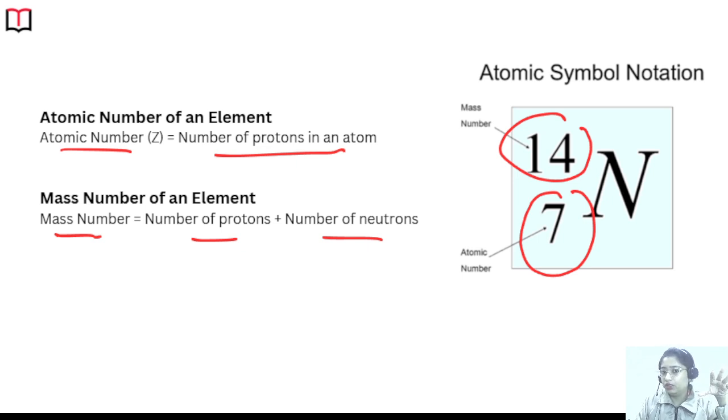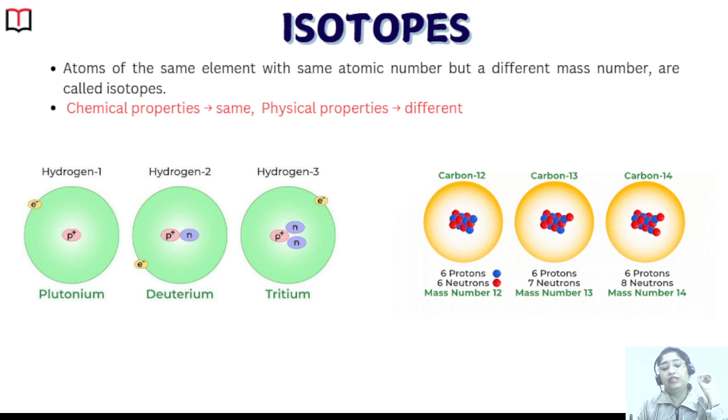According to Dalton, it should be the same. Dalton said that all atoms of the same element have the same mass, same chemical properties, same atomic number, everything. But now after the discovery of isotopes, that theory of Dalton is disproved.